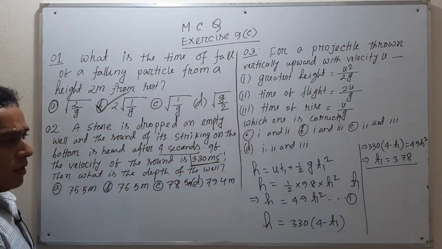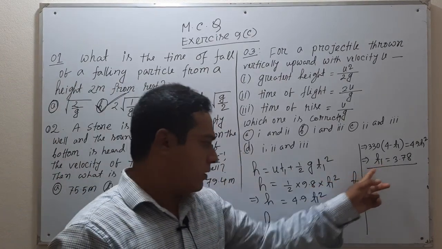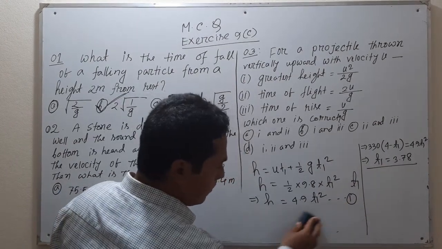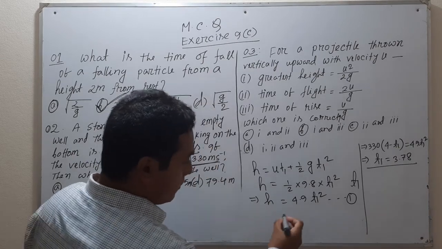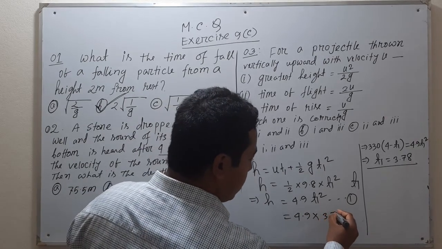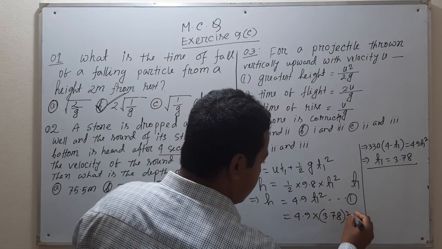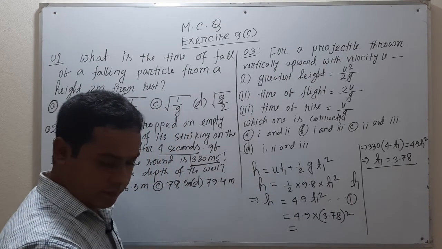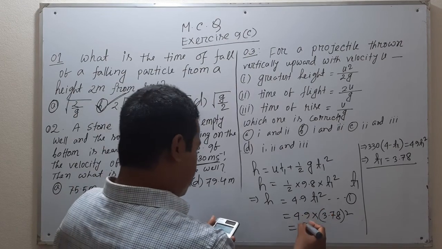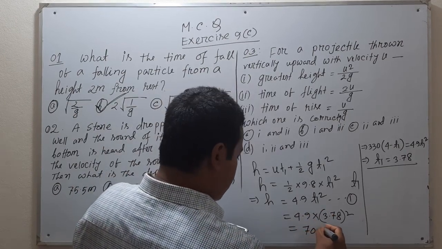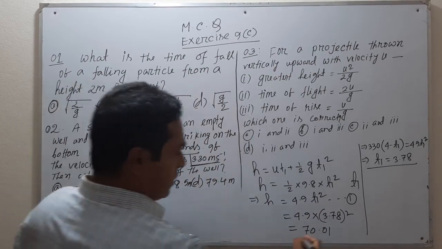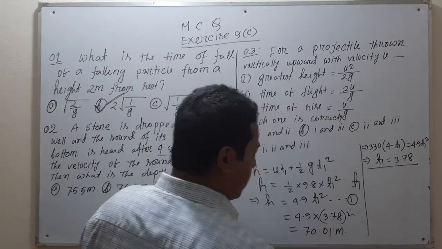Now put the value of t1 in equation 1, then we will get 4.9 into 3.78 whole square, which is 70.01 meter.